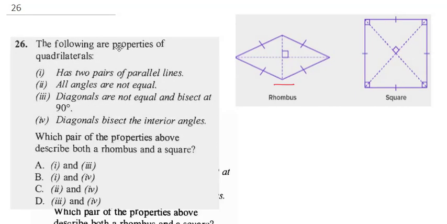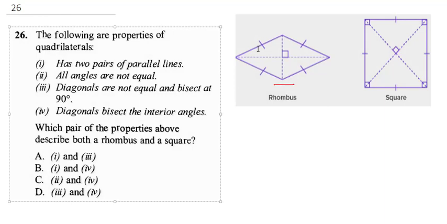You need to observe this very well. So you can see this has parallel sides. This is correct. So both the rhombus and square have parallel sides, these two sides are parallel. So this is correct. All angles are not equal. For a square, the angles are all equal. Yes, for a rhombus, the angles are not equal.